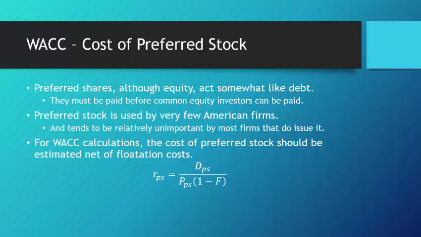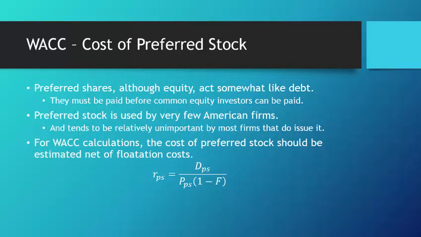So for completeness, the cost of preferred stock is equal to the dividend paid on preferred stock per year, divided by the current price of the preferred stock times 1 minus f. By the way, f is the flotation cost, that is, as a percent, how much it costs to float a new issue, and the price P sub PS is the price right now.